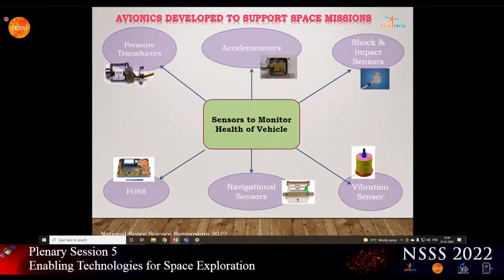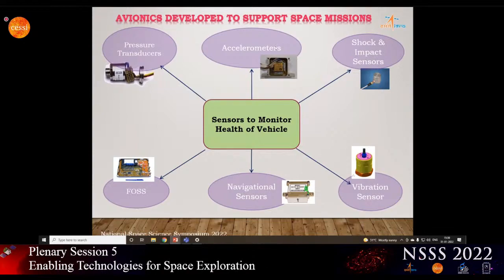Let's see what we have developed so far to carry out our space missions. We'll discuss the major parts used to monitor vehicle health. Not only for monitoring vehicle health, the same sensors can also be used for the health status of scientific instruments which our scientists want to fly as a test bed in our sounding rockets.